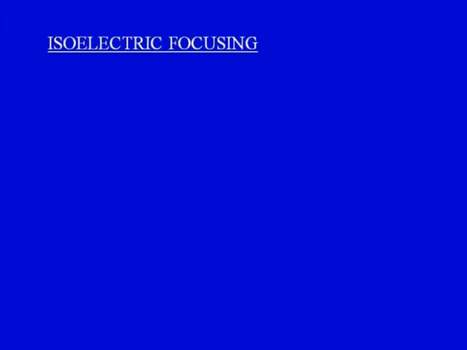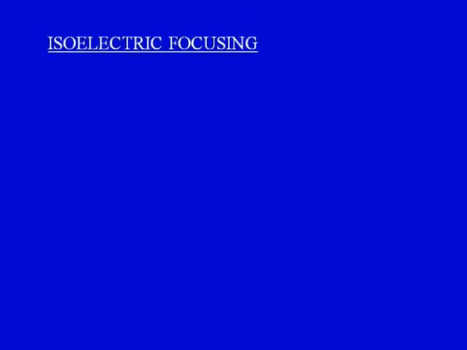Now, in this lecture, we are going to discuss some more techniques which are utilized for analysis of proteins. These are isoelectric focusing and 2D gel electrophoresis. Also, we are going to discuss the detection methods, that is, how the protein is detected in a gel, and also preparative electrophoresis.